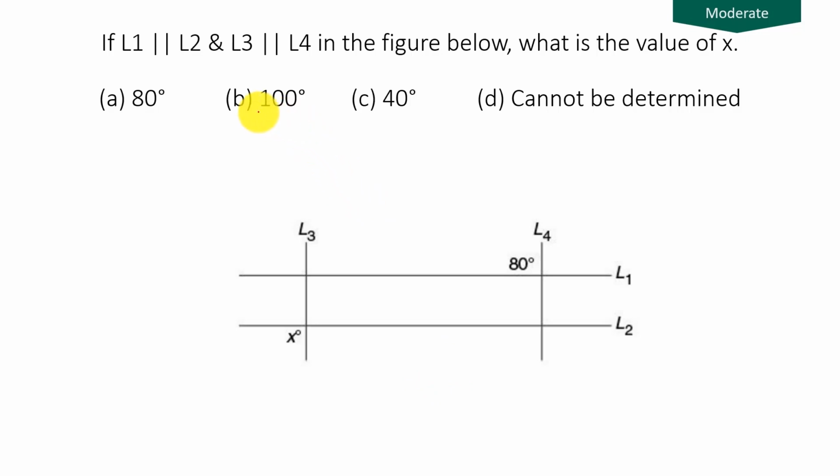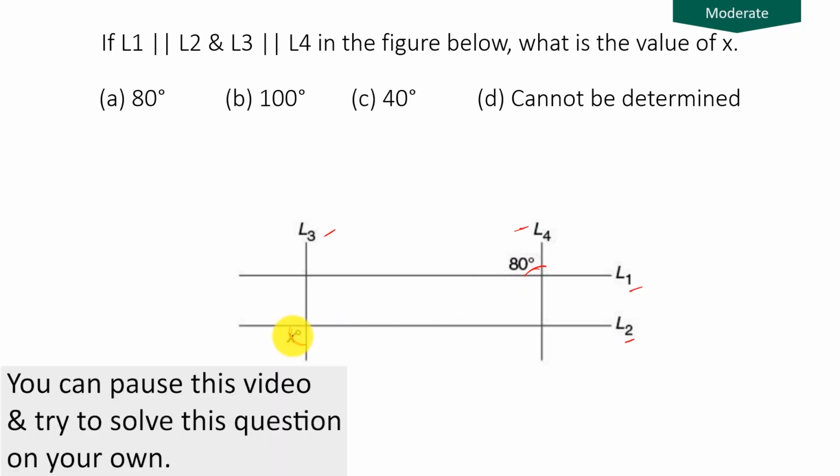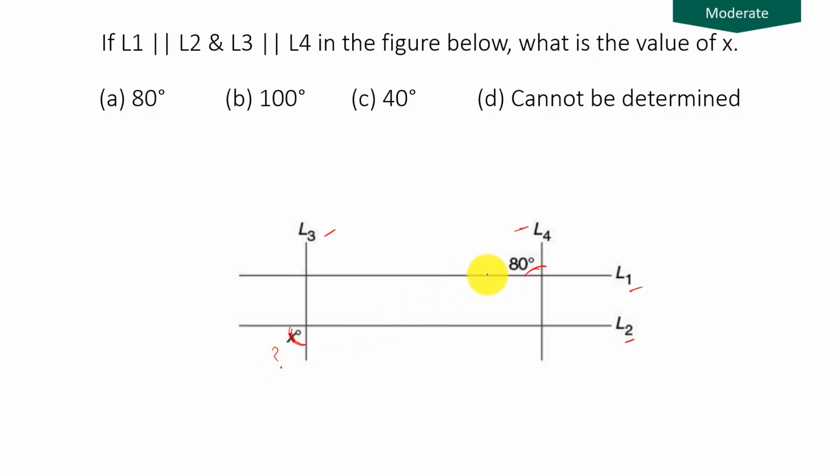Now in this question, it is given that L1 and L2 are parallel lines. L3 and L4 are parallel lines. And there is one angle marked between L1 and L4, that is this angle is 80 degrees. Now we have to find out the value of X, which is this angle. So here we just have to use the concepts of corresponding angles. If that is 80 degrees, this angle is going to be 80 degrees.